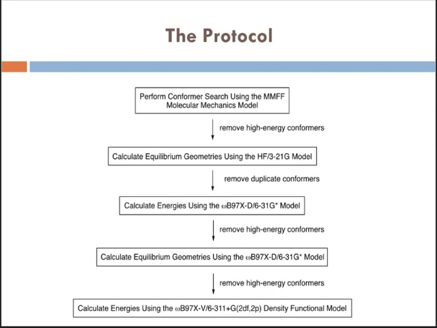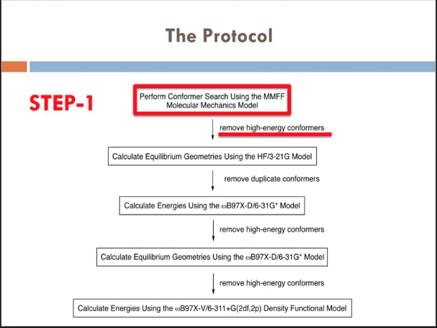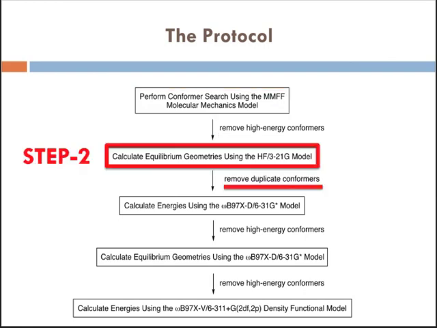Let me show you what the protocol looks like. It starts from mechanics. It does a search and then very generously throws out very little. It then cleans up the structures with a very simple Hartree-Fock method, mainly to remove duplicates. Mechanics has an issue of generating lots of things that are very similar, and they're really the same.